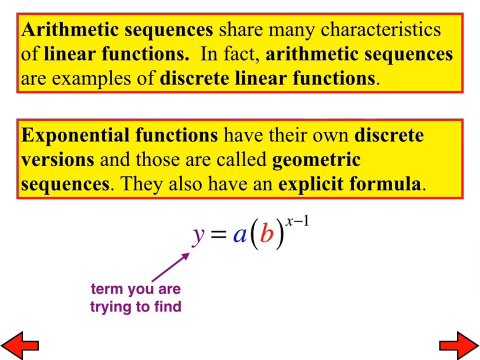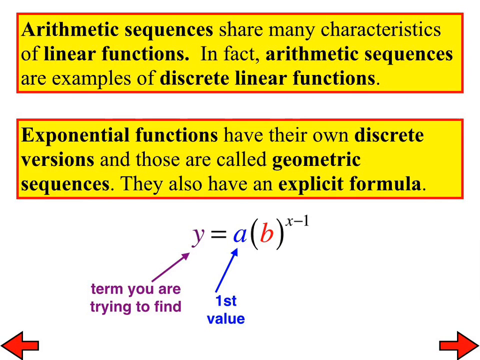Make sure you add that to your notes. And that's true even in an arithmetic sequence. In the exponential functions, a was always the initial value, which is the 0 term. But we're not concerned as much about the 0 term in geometric sequences. So a is not the initial value or the 0 term. It is the first term or the first value.